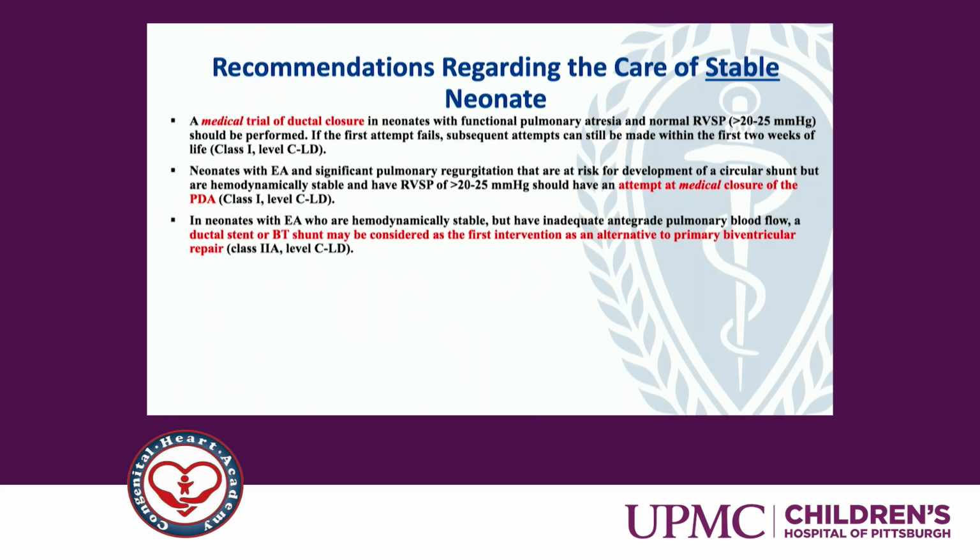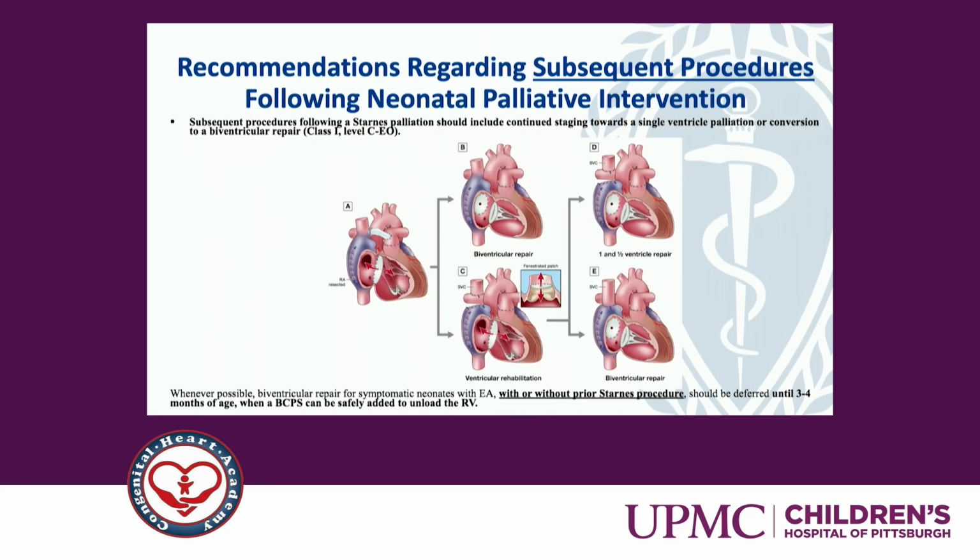In stable neonates, medical trial of ductal closure is reasonable. Those with inadequate pulmonary blood flow may need a shunt. Importantly, subsequent procedures following Starnes procedure should include either single ventricular ablation or consideration for biventricular repair.